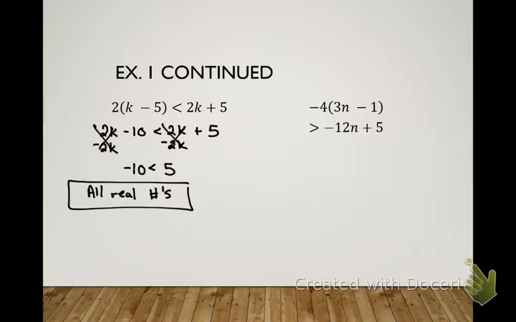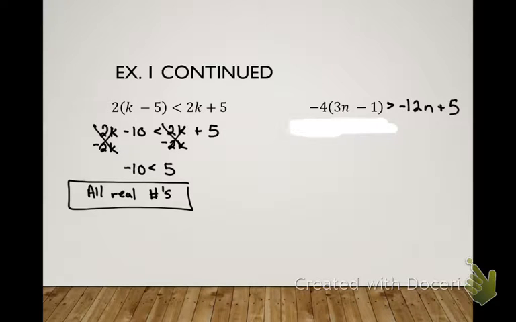So if what's left is true, then all real numbers are a solution. And I just realized my other inequality got messed up. So I'm going to do this. All right, I'm just going to write it. Is greater than negative 12n plus 5. Okay, for some reason it got bumped down.